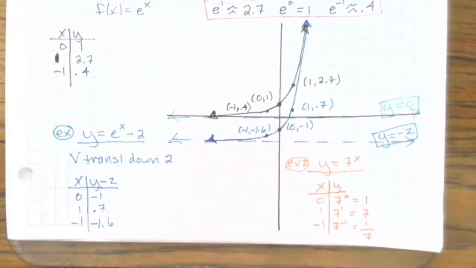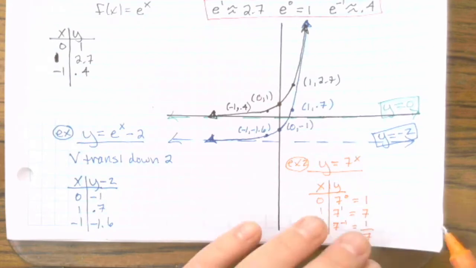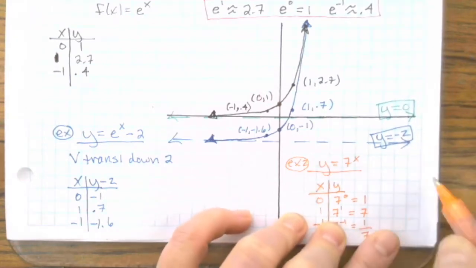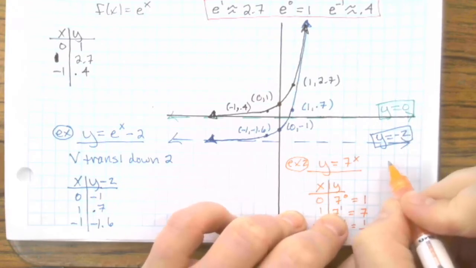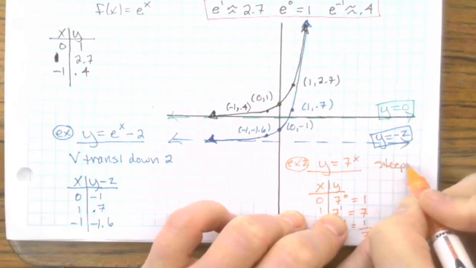So in this case, we are actually stretching the graph. We're doing a vertical stretch, but the rules for stretching by what ratio are different. We do know, however, that because this is a higher base, the curve should be steeper.